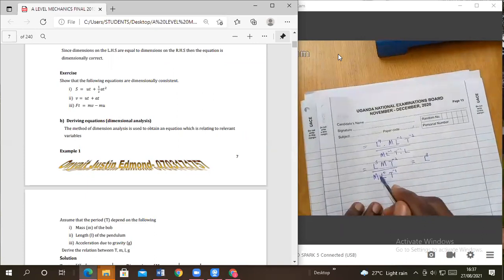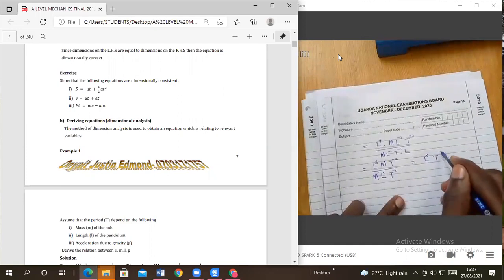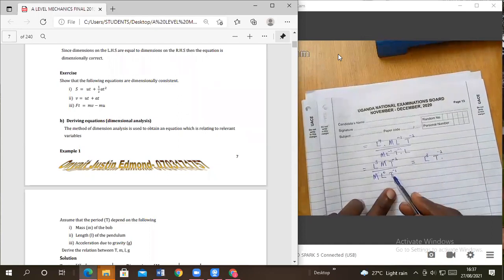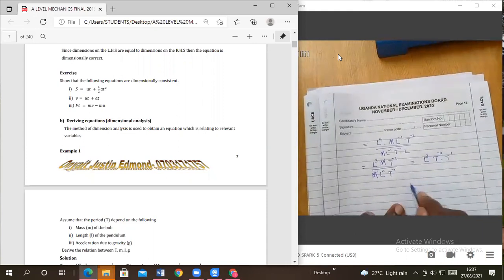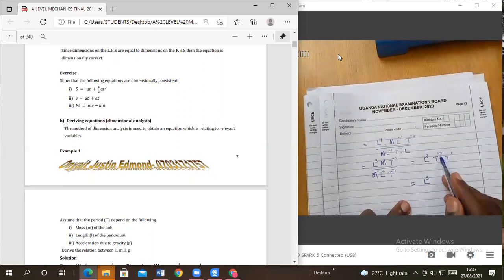This M will go away with this M. So we remain with T to the power -2. When I take this one up, it becomes positive, so it becomes T to the power +1. So we have L cubed, T to the power -2 plus 1.